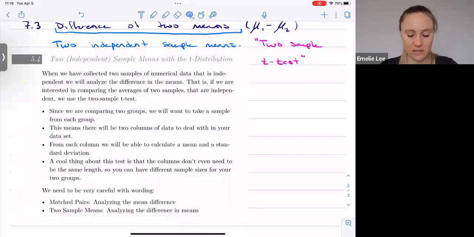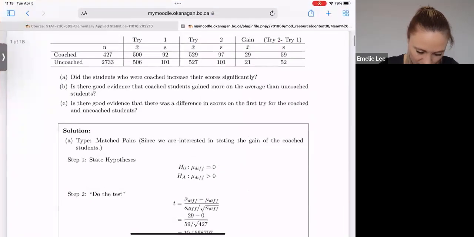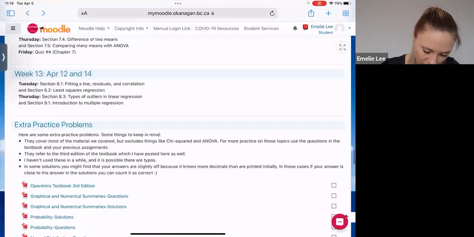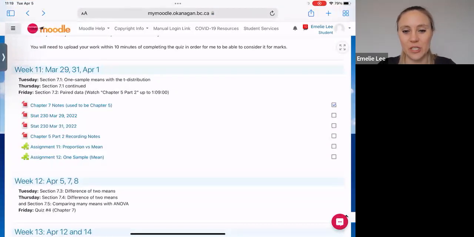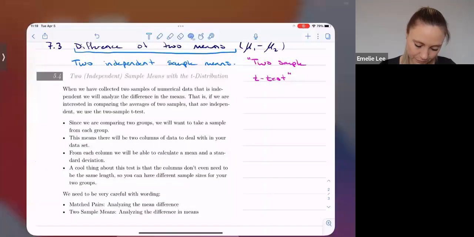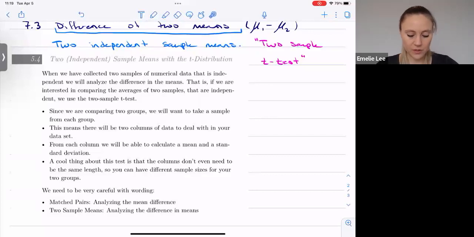Let me just check. Pretty sure. Yeah, it's the chapter 7 notes, and it says it used to be chapter 5. That's why it's labeled chapter 5. And so I'm just going to steal from those.